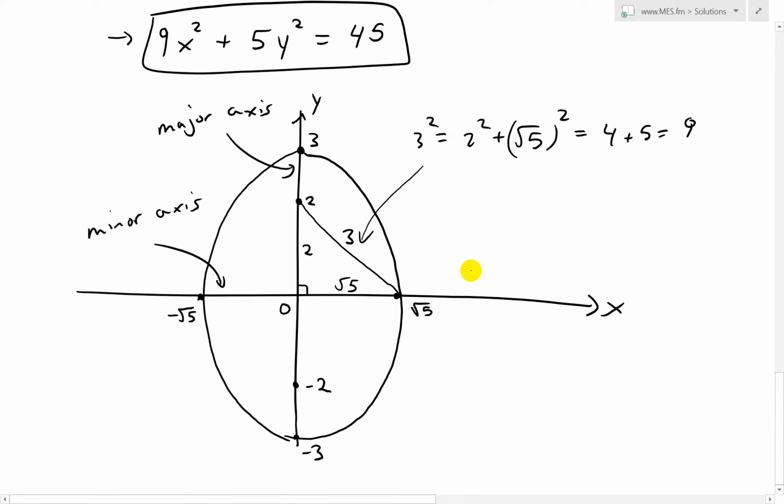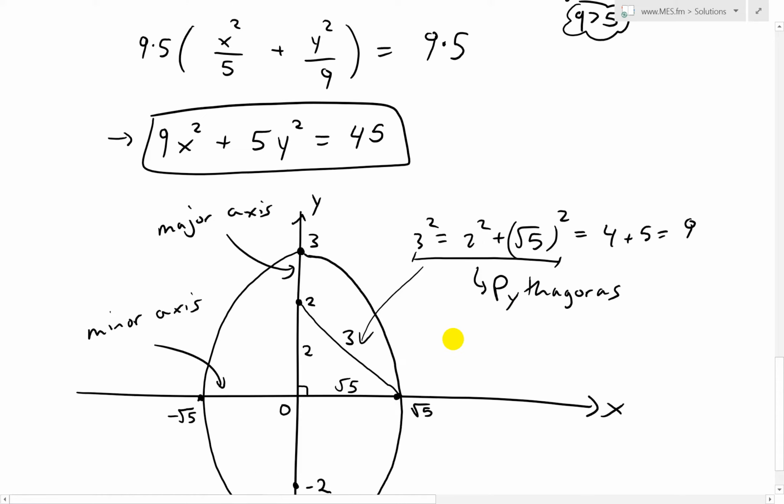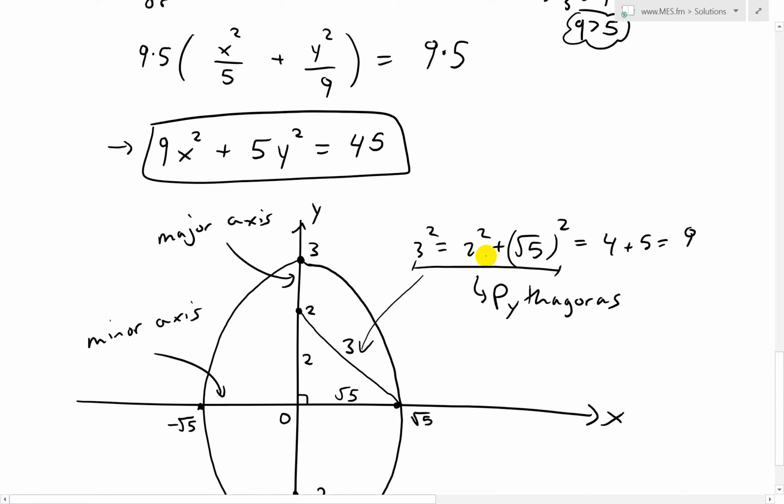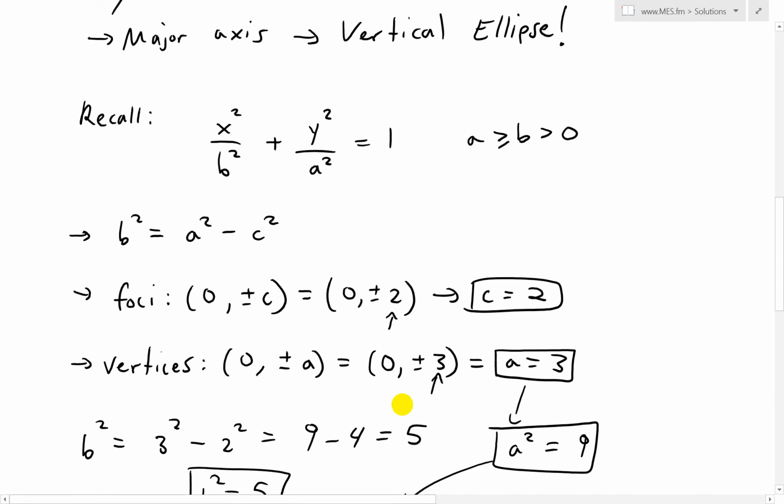So this is just Pythagoras, as well as from our definition. This is just a squared equals b squared plus c squared from the definition right here.